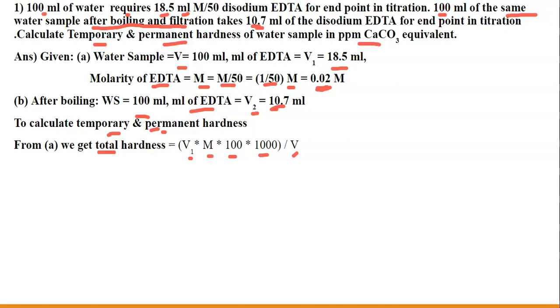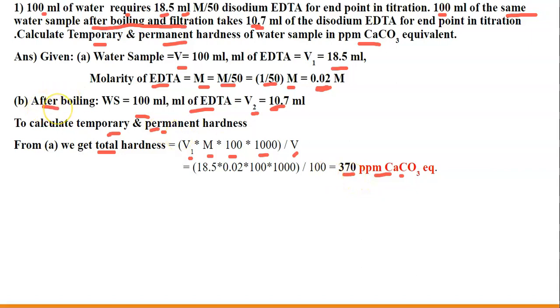For finding hardness of water, this is the formula. Let's put the values into the formula and we get 370 ppm of CaCO3 equivalent as the hardness of water. So this is the total hardness.